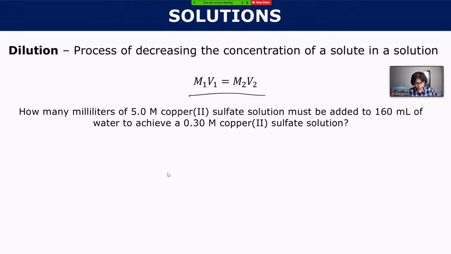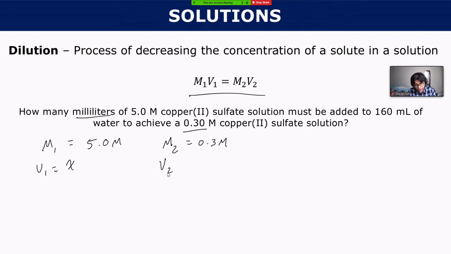So we're given that M1, the initial molarity, is 0.5 molar. And we don't know the volume because we're asked to find how many milliliters of it. That's the initial volume, and we can just symbolize that as X. M2 is going to be 0.3 molar because that's the end concentration that we want.